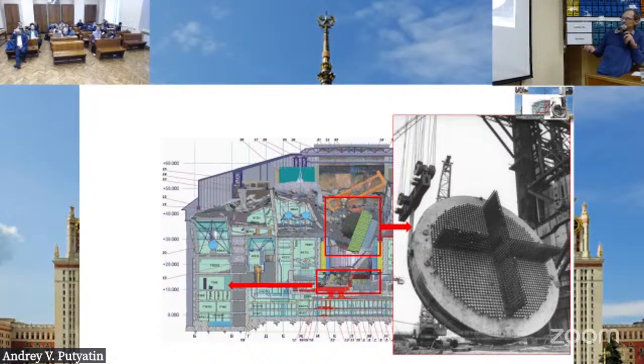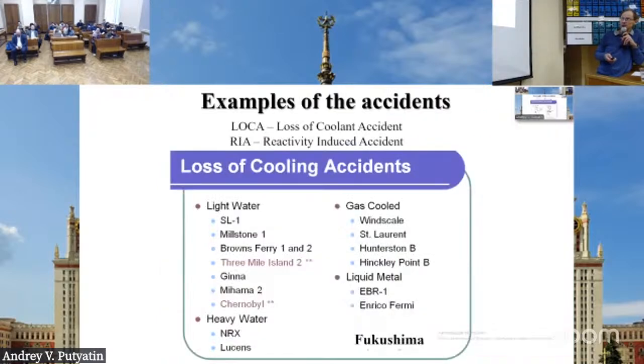It weighs several thousand tons. You can see that during the Chernobyl explosion, the upper lid was thrown up and fell down. So the power of the explosion was enormous. To destroy all these tubes and to throw up such a heavy thing, you need quite considerable power.